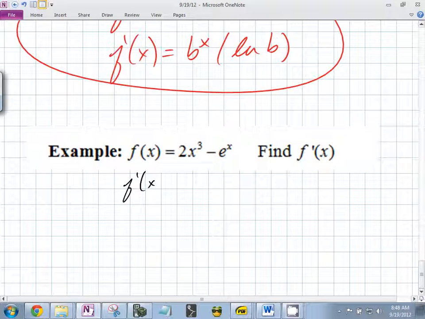Who wants to tell me the derivative? Lily, tell me the derivative. What's the derivative of that? What do you do with the 3, the power? Yes, so what does the coefficient become? No, what's already there? So what's 3 times 2? 6x, and what do you do to the power?